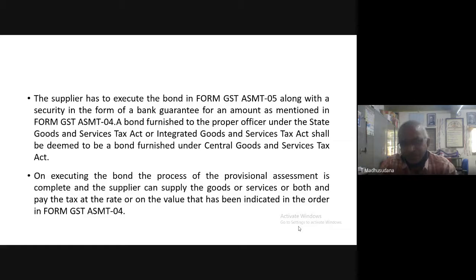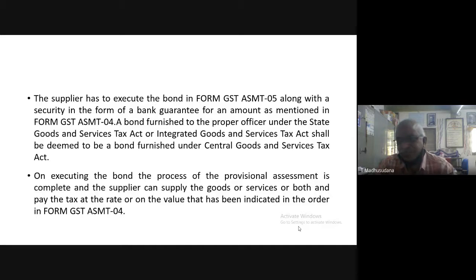So the supplier has to furnish a bond to the proper officer appointed under the GST or CGST. That is, he will execute the bond if it is necessary. On executing the bond, the process of the provisional assessment is completed.